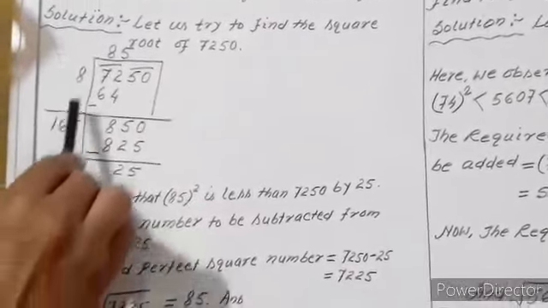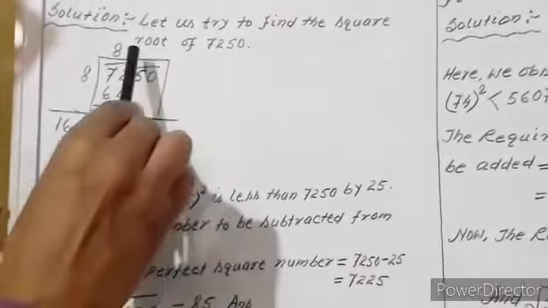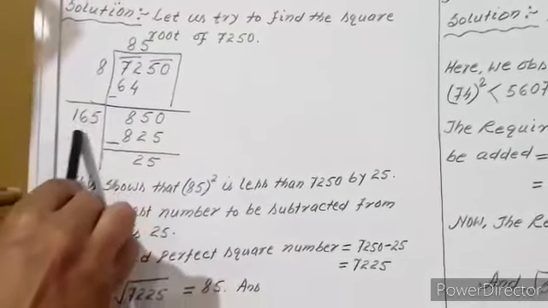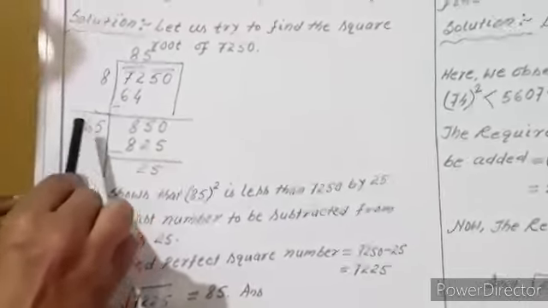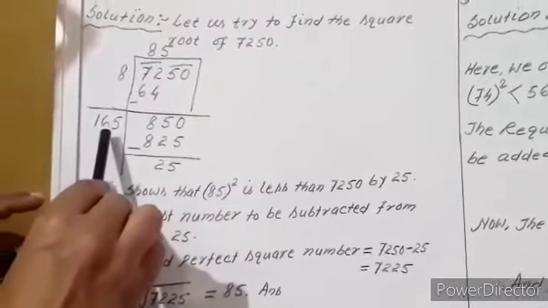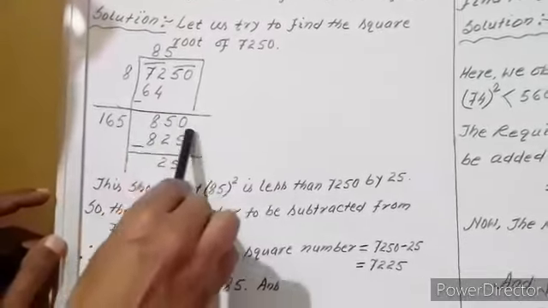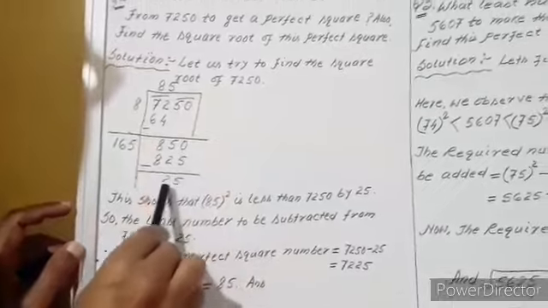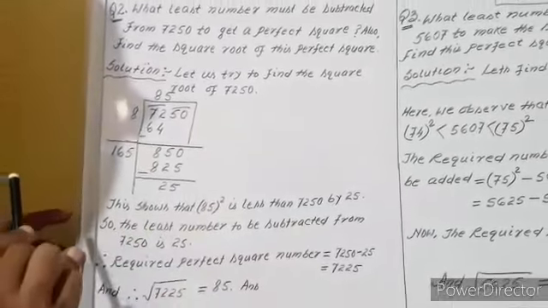850 we got. So 8 and 8 is 16, and 5 is being taken, so 165 becomes the new dividend, and this is the new divisor. This will divide this, and we are left with 25 over here.